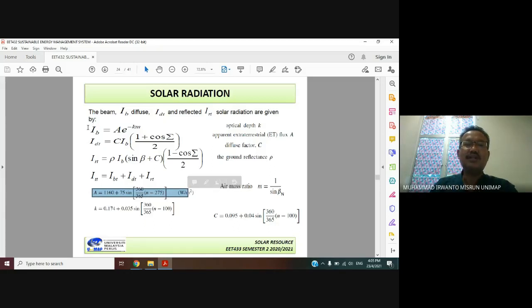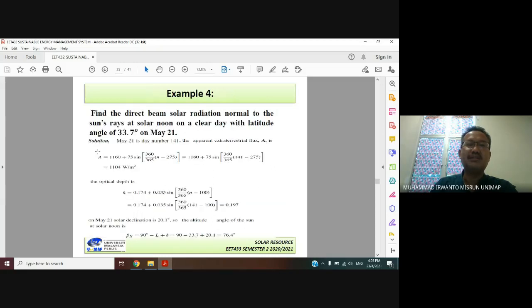So when we want to calculate the beam solar radiation, we first have to find the value of A.